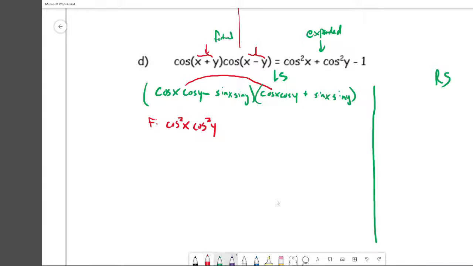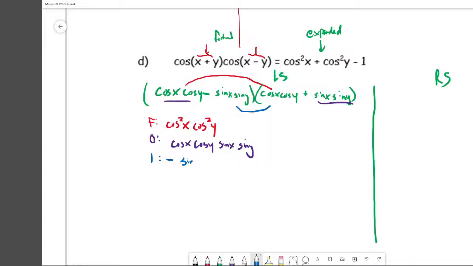Then you go to the outside. So the outside would be this one and this one, and you get cos x, cos y, sine x, sine y. So you just get them all mashed together. The inside term is actually the same thing as what we just said, but negative.